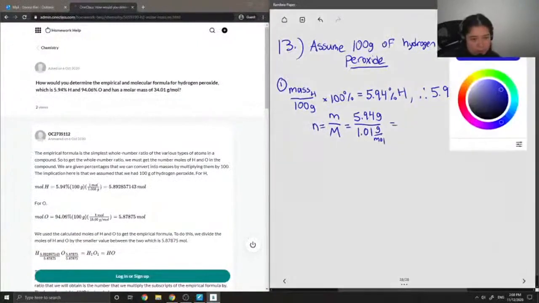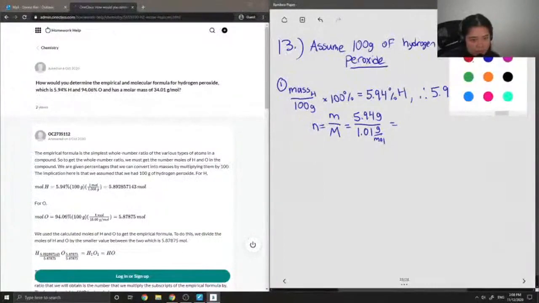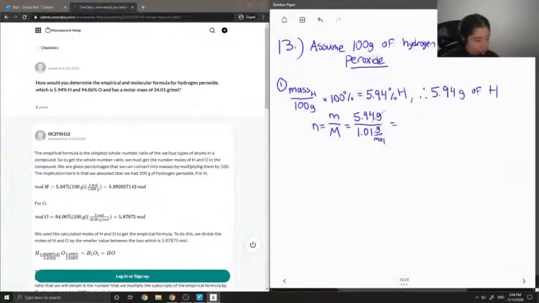So now let's do the math, and you'll notice that our grams should cancel out, and we're left with a value in moles, and you just get 5.89 moles of hydrogen.